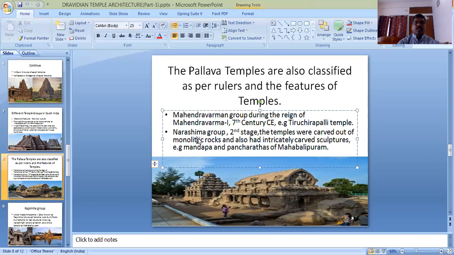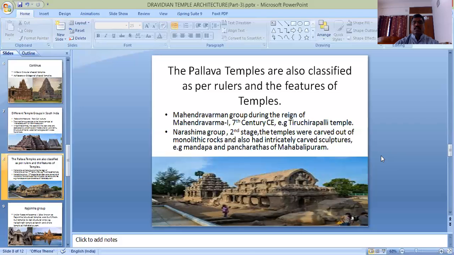Narasimha group, second stage, the temples were carved out of monolithic rocks, and also had intricately carved sculptures. For example, Mandapa and Pancharathas of Mahabalipuram, special features of that temple.